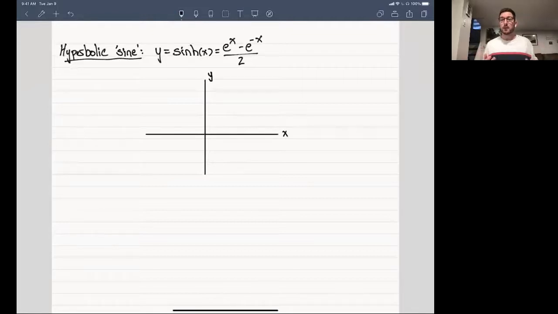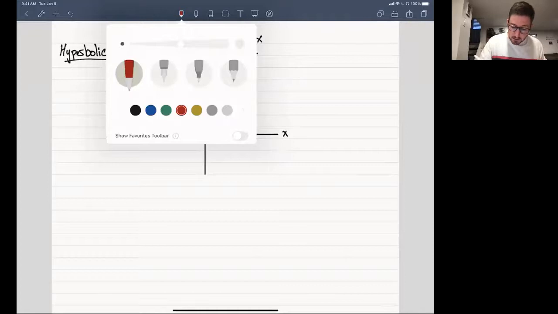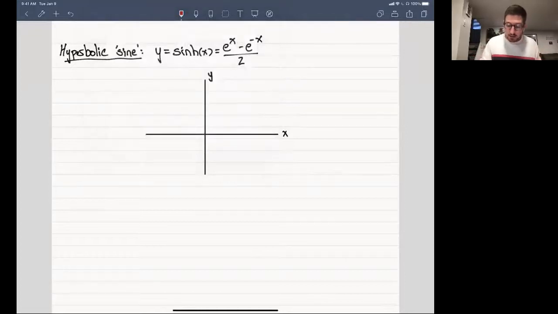You can try it with your calculator. Put in x is equal to 1,000 or then 10,000 or 100,000 or even 1,000,000. And you'll see that this function looks more and more like just a regular exponential. Similarly, as x gets negative, the e to the x term disappears and the e to the minus x term takes over. So what you essentially get is something that could potentially, if you don't label your axes, be confused with x cubed.